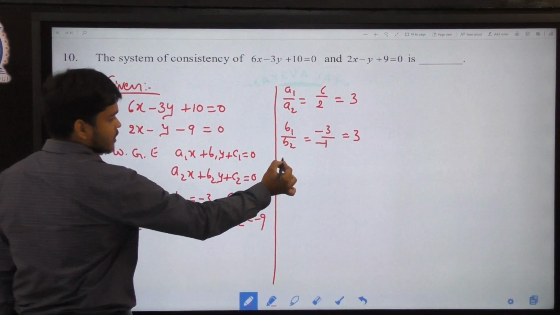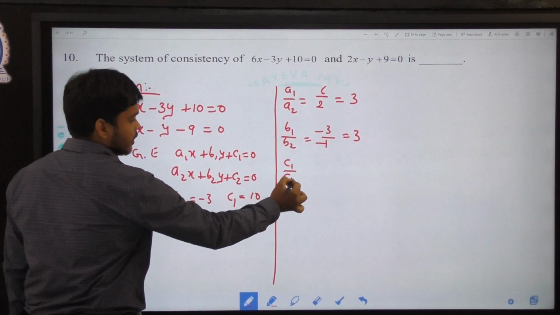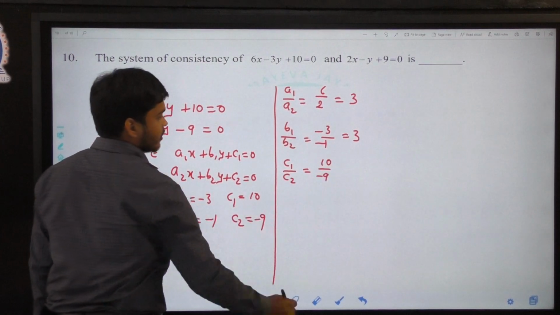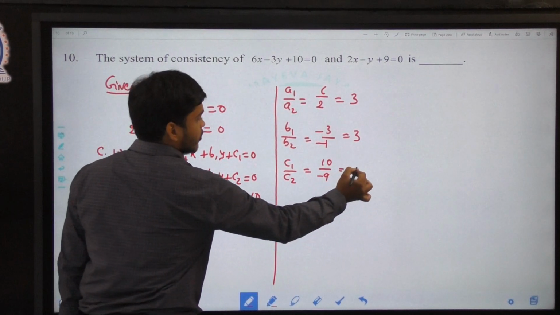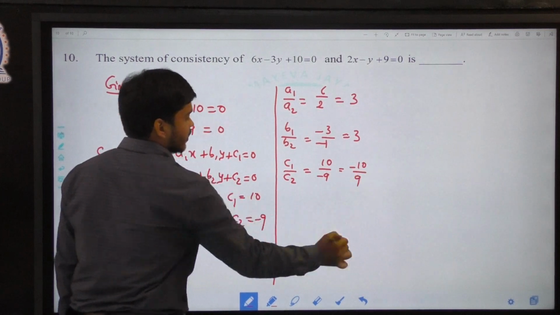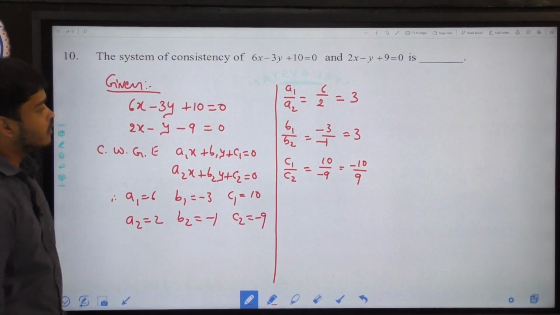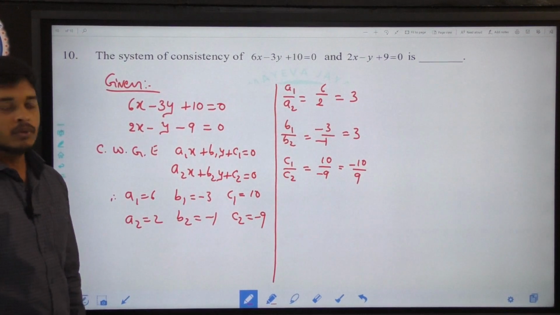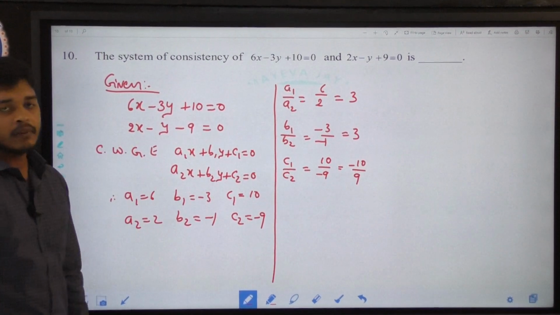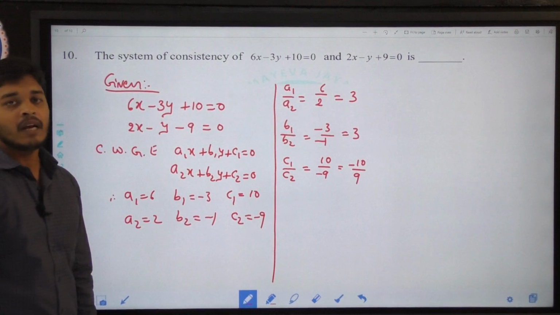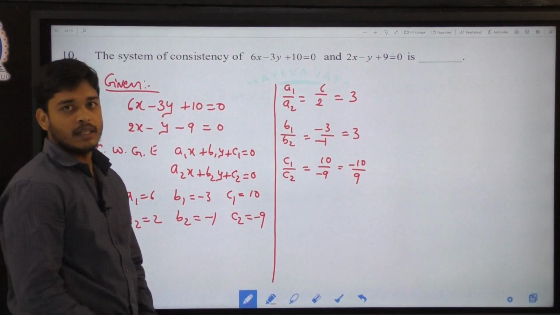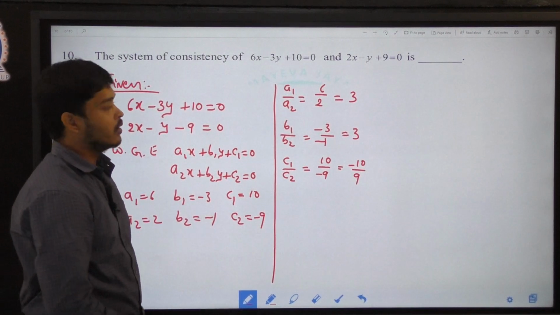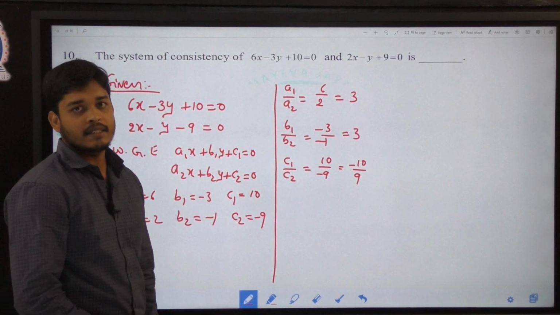And c1 by c2 is 10 by minus 9, which is minus 10 by 9. See children, if you observe these ratios, a1 by a2 is equal to b1 by b2, so these are parallel lines. Parallel lines mean no solution. Those two have no solution, which means they are inconsistent.